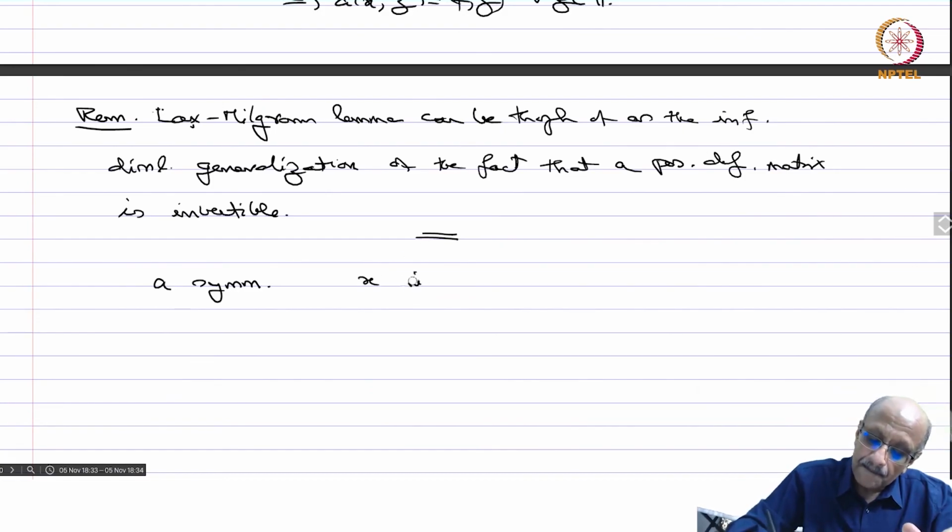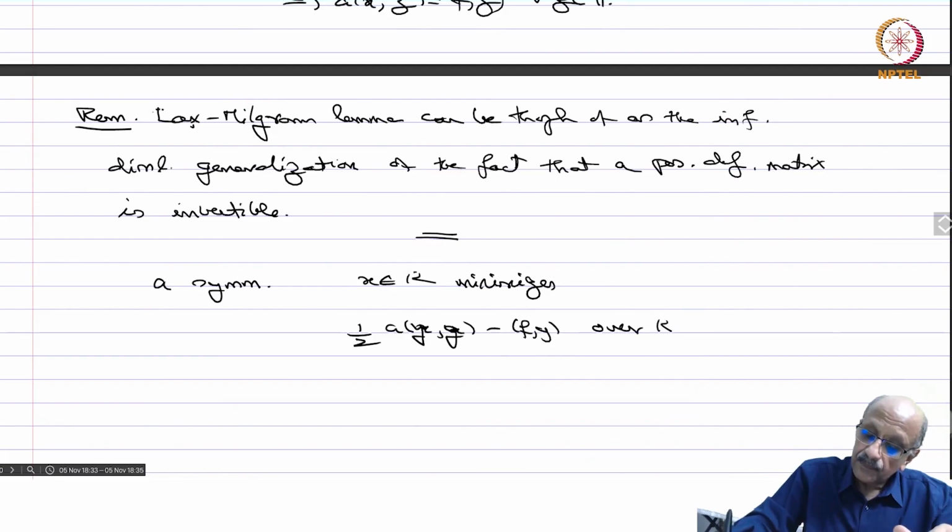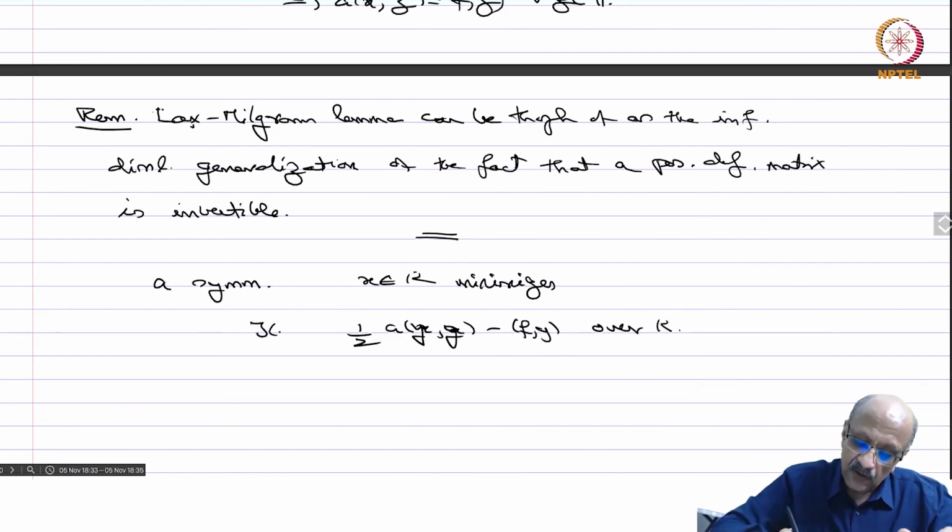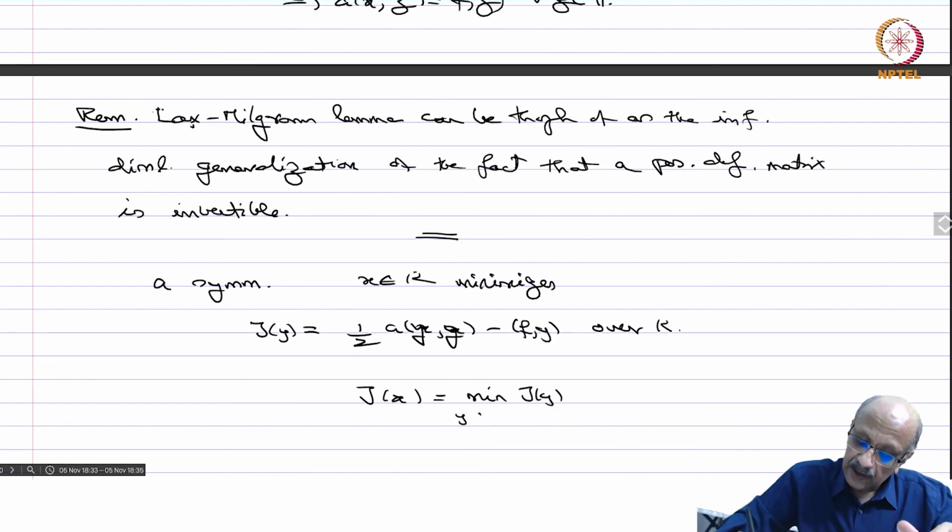So x in K minimizes 1/2 a(y, y) minus f(y) over K. Okay, so this functional, so J(y) equal to this, so J(x) equal to minimum of J(y), y in K. Okay, if A is symmetric, you can interpret the variational inequality as this, and the variational inequality becomes the equality, namely the Euler-Lagrange equations, when you have the whole space, and therefore that is the Lax-Milgram lemma.